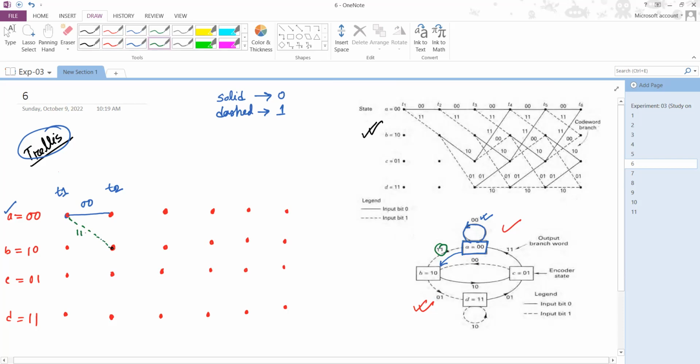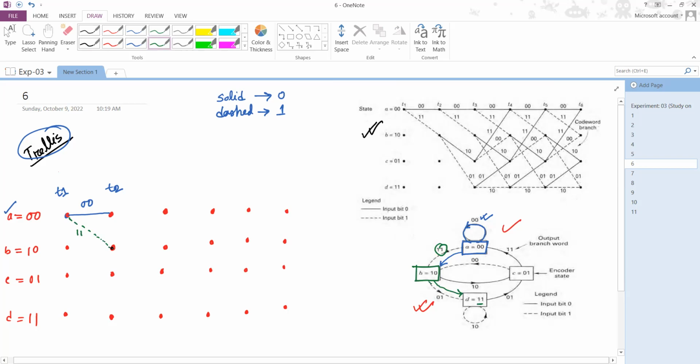So this thing, we are just doing it from step A to step B. Now we are in this B state. From the B state, if I give the input 1, then it will be a dashed line and it will go to 1, 1, right?